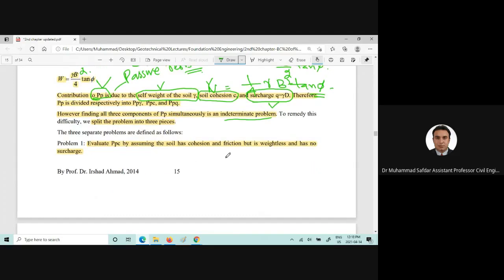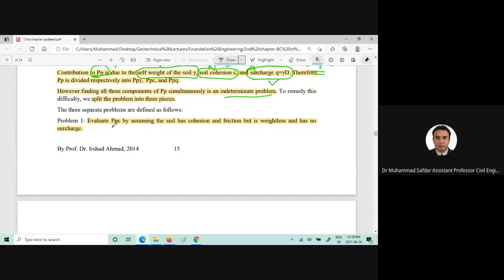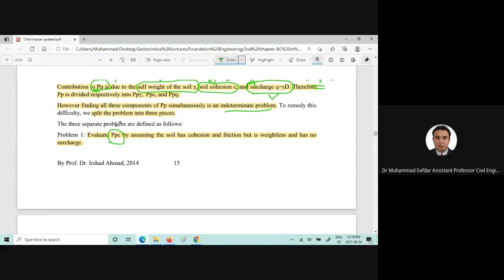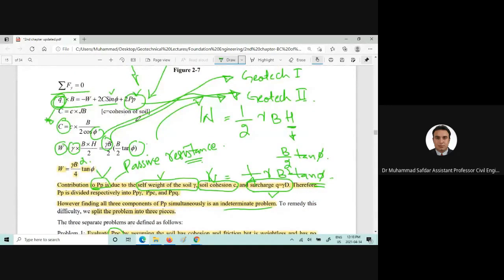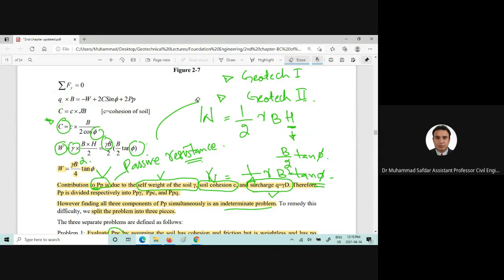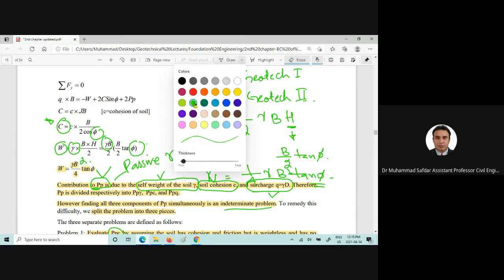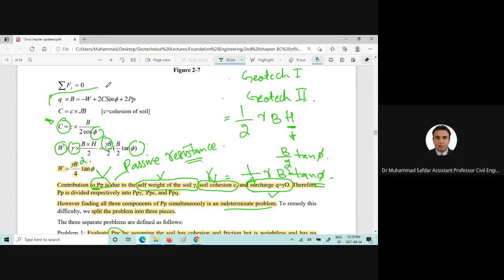So he came up with a solution that, for example, if we are using PP in this equation, this one, okay, let me clear this a bit. So he called that equation as equation A.